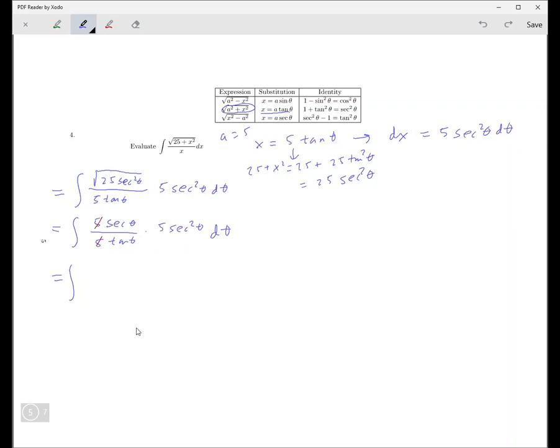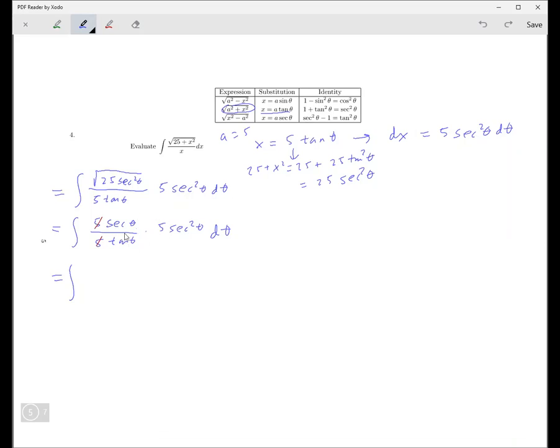That doesn't help. And if we're doing it in tangents, then we need a secant squared, and this is a secant cubed. Another option would be to change everything into sines and cosines. And I tried that, and that doesn't work out very well. Yeah, that was kind of a disappointment.